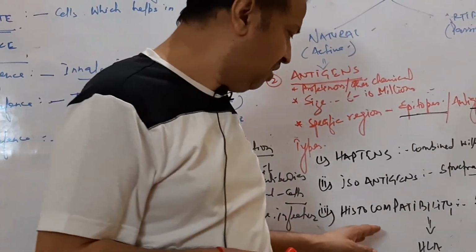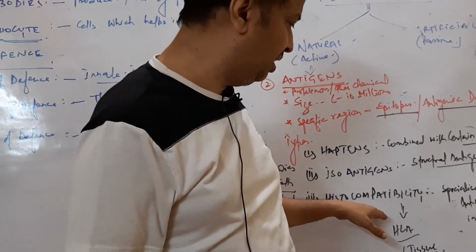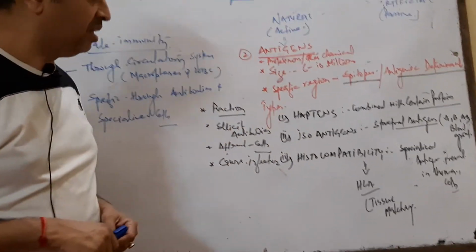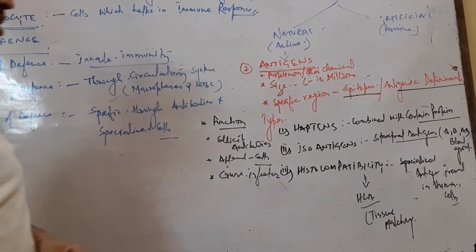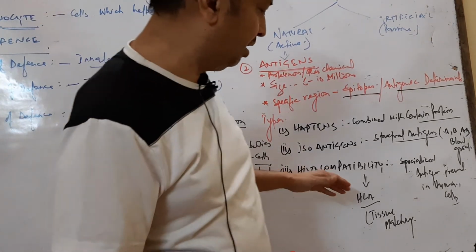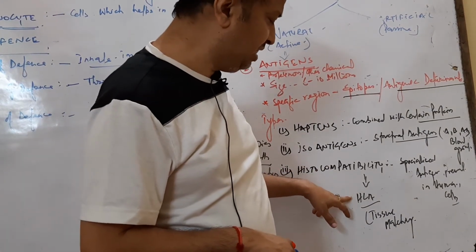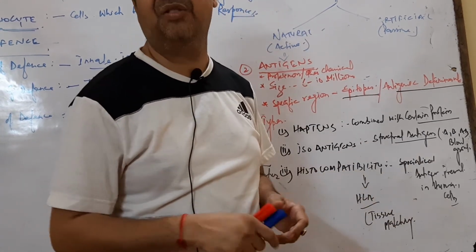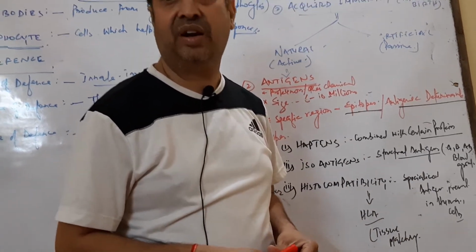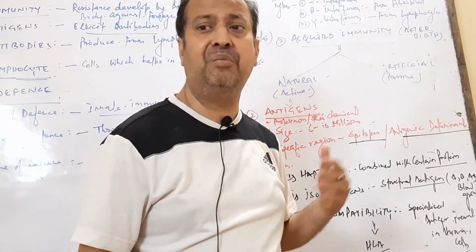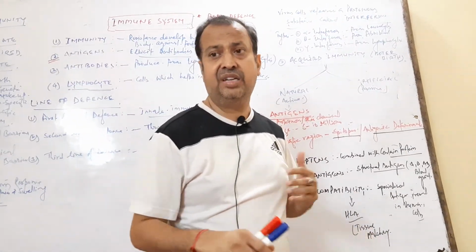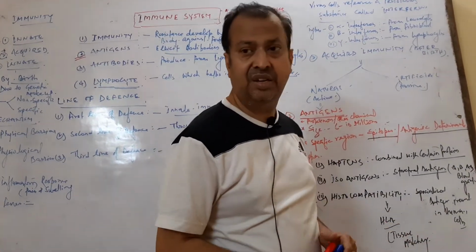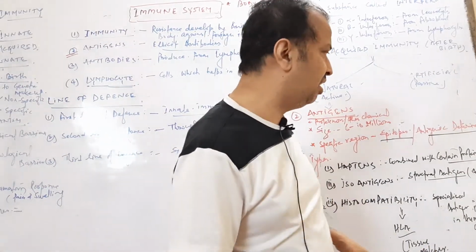Another one is histocompatibility antigens, an antigen system present in humans. In humans these are HLA, human leukocyte antigens, which help in tissue matching at the time of grafting or donation. When the tissue does not match, the body will reject it.